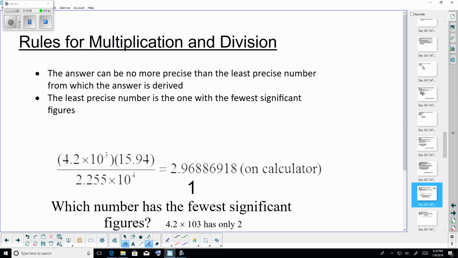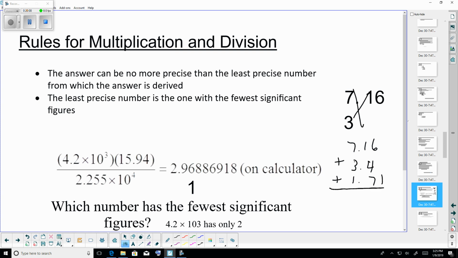So let's do this problem. Cross all that out. Tell me what the answer is with the correct number of significant figures.